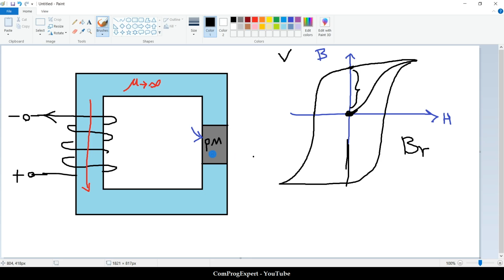So now suppose this case, suppose we have magnetized one magnet, and now this is the operating point of the magnet, and we place this magnet in a circuit.